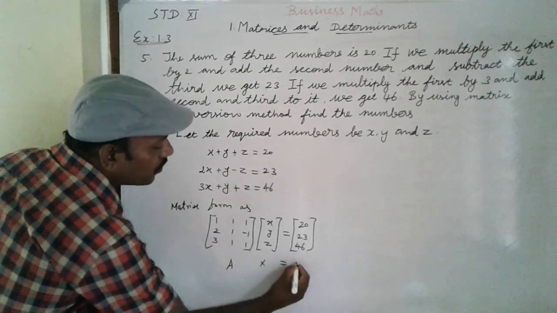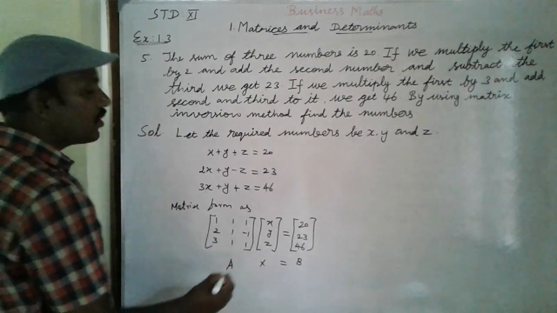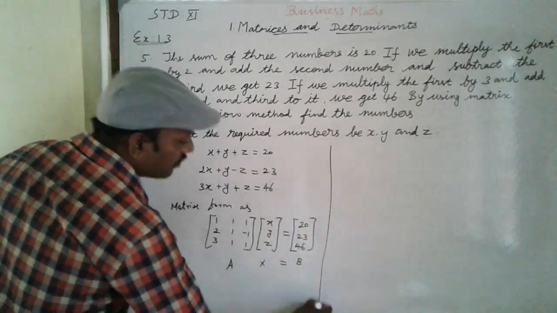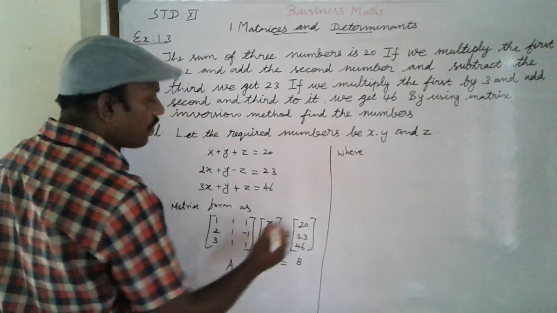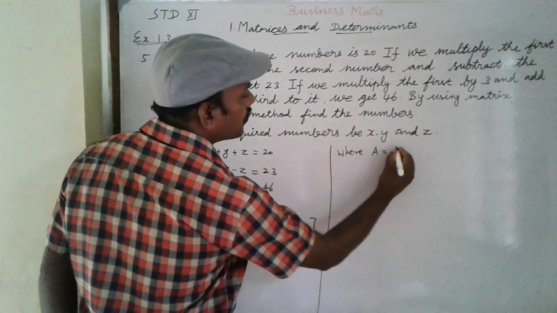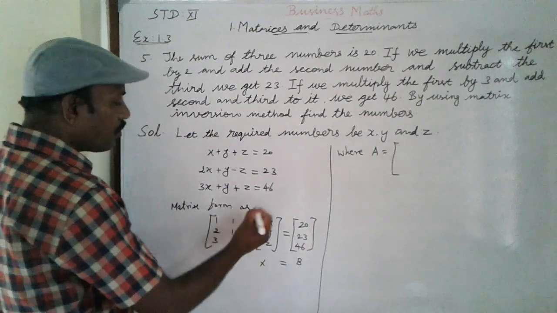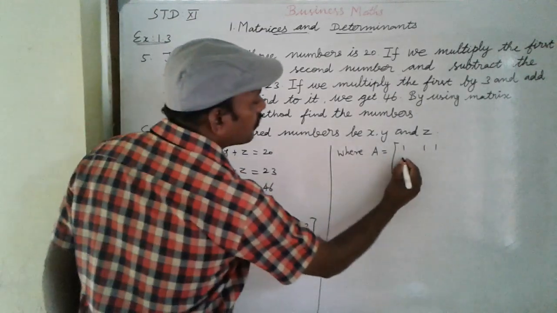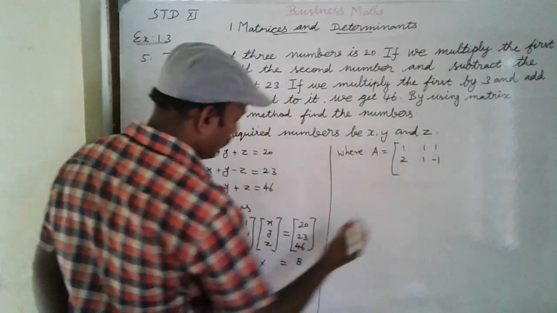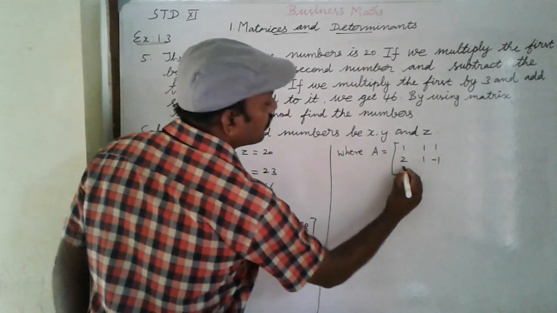It is in the form AX equal to B, where A is the matrix 1, 1, 1, 2, 1, minus 1, 3, 1, 1.